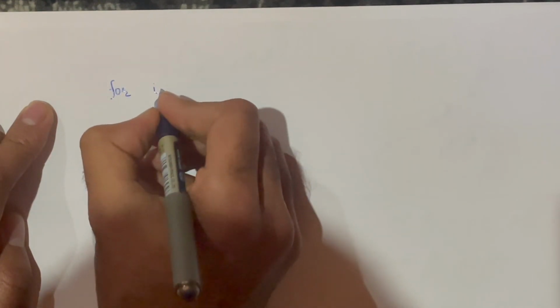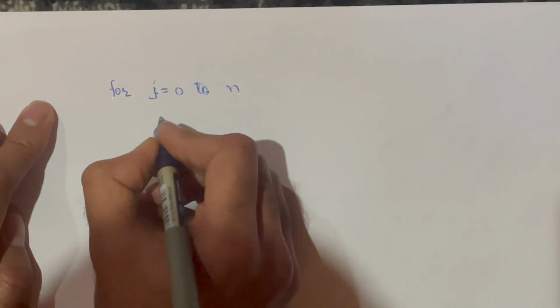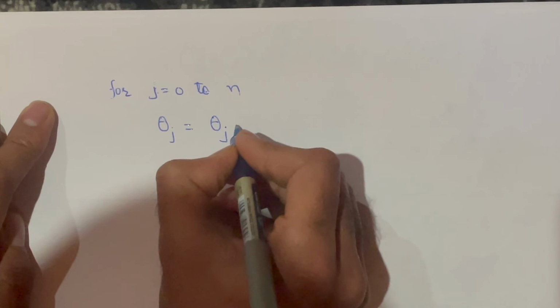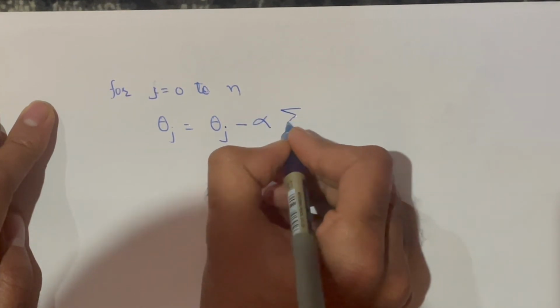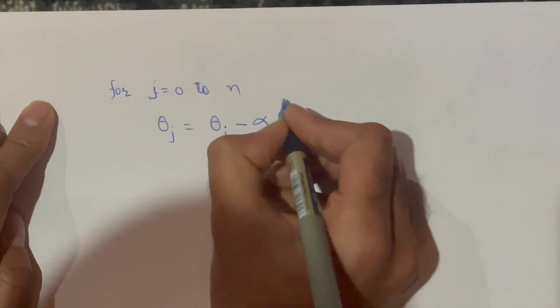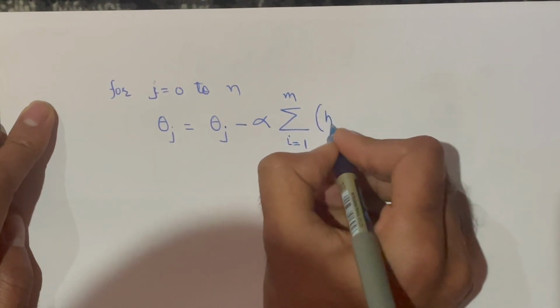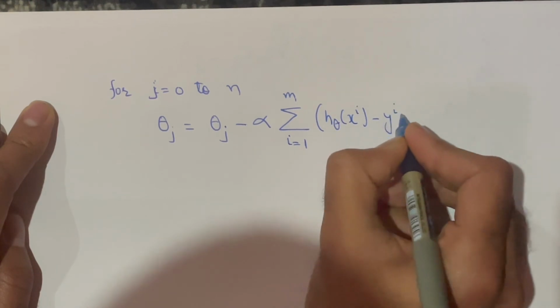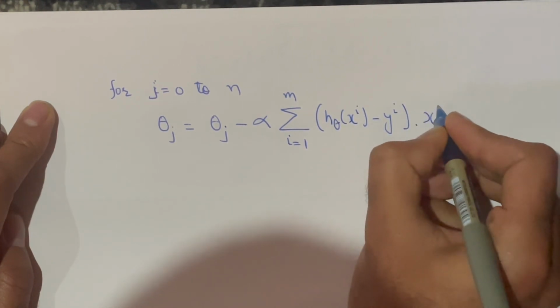Okay, so let me write here again the same equation for clarification. So for j running from 0 to n, our theta j will be equal to theta j minus alpha summation i running from 1 to m h of theta xi minus yi into xij.